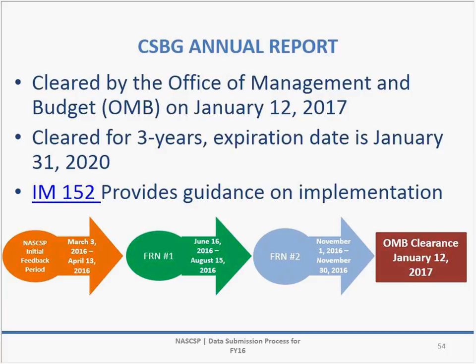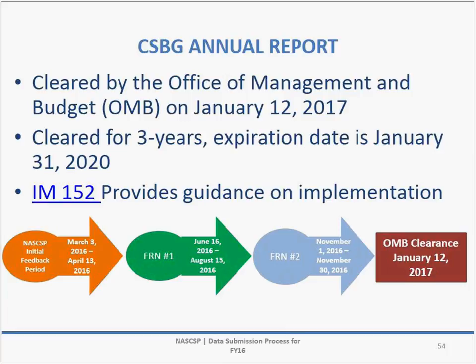This clearance will last through January 31st of 2020. At that point, we'll have the opportunity to make some updates to the annual report and then go through another comment process to have it be cleared for another period of 3 years.